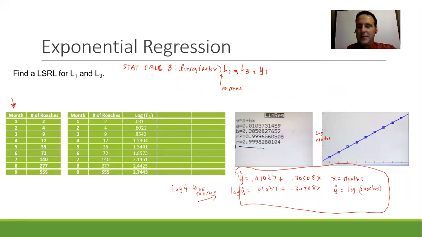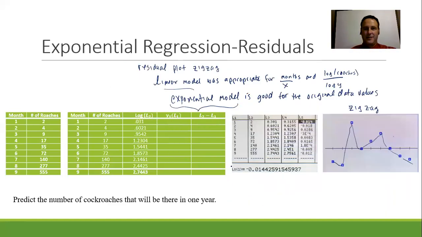Y hat is equal to 0.01037 plus 0.30508x. And let's include everything here.